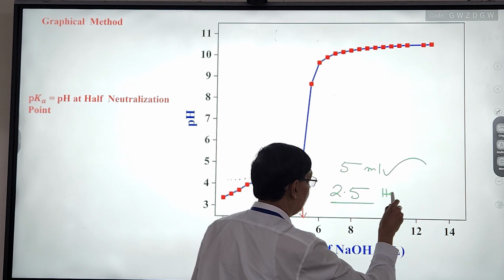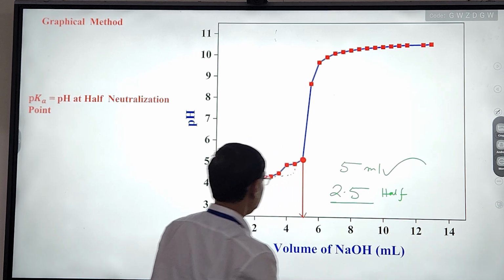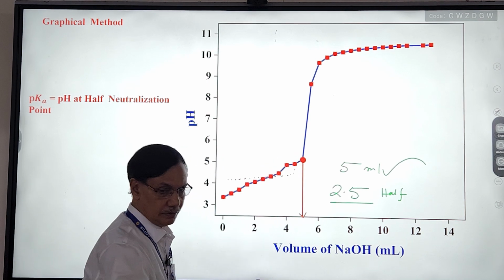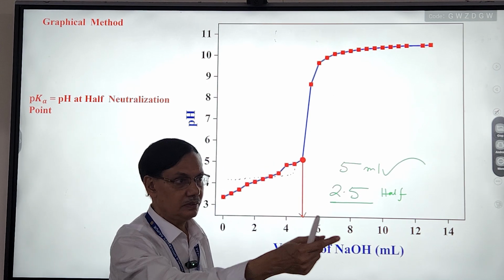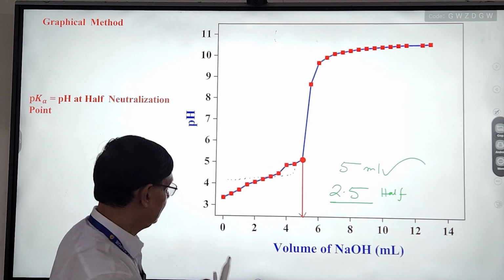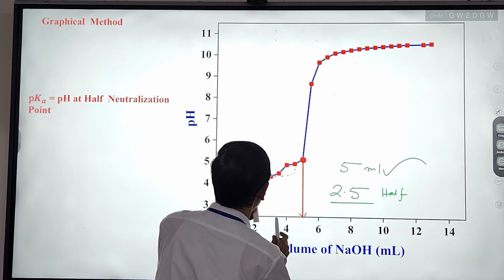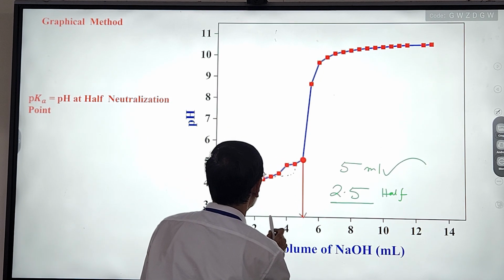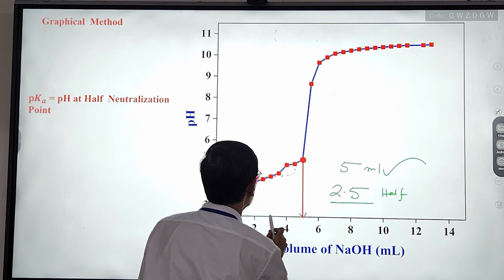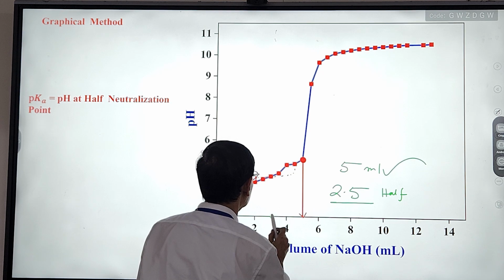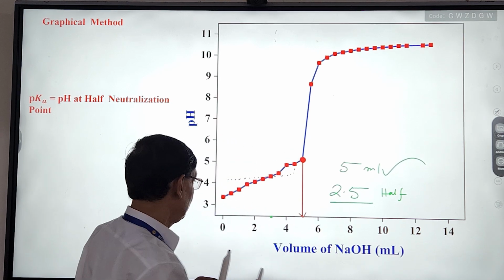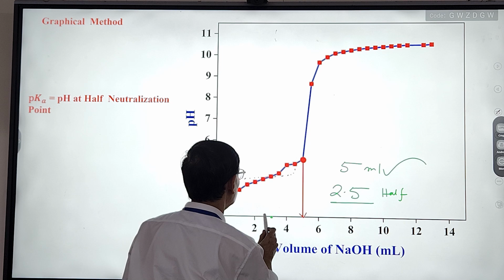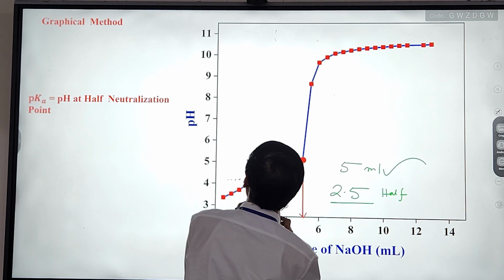Half neutralization point. Is there any scale? Okay, no scale is there, so no problem. It is 2.5 like that.